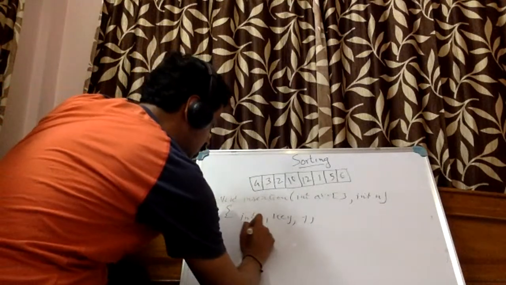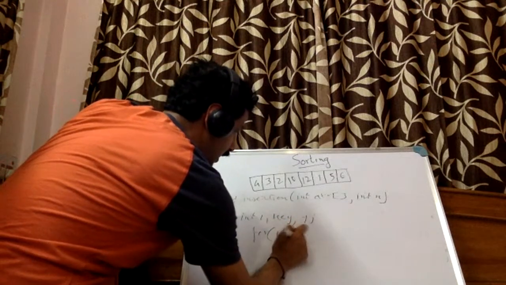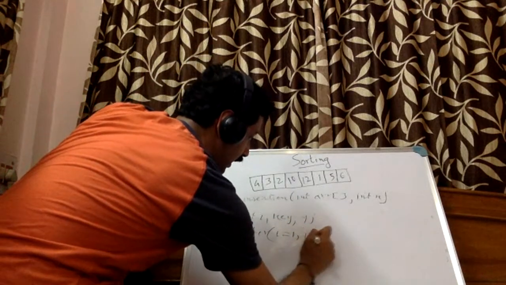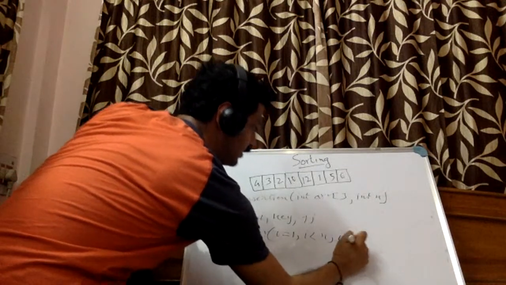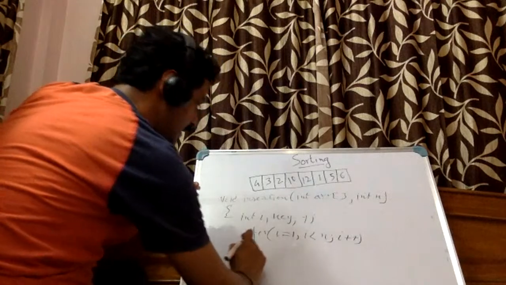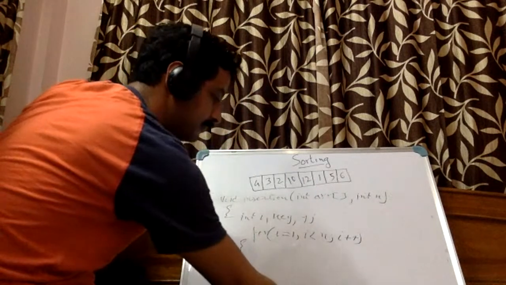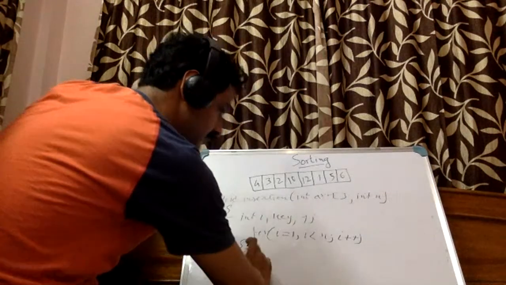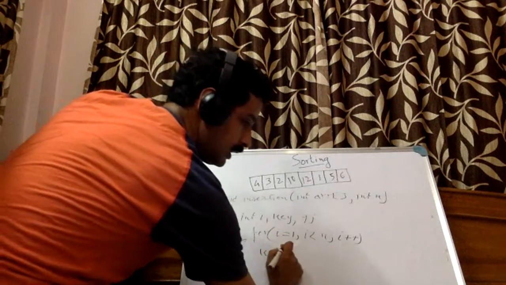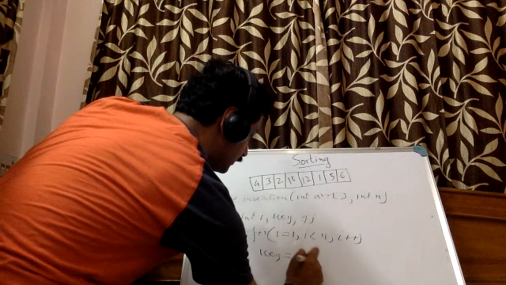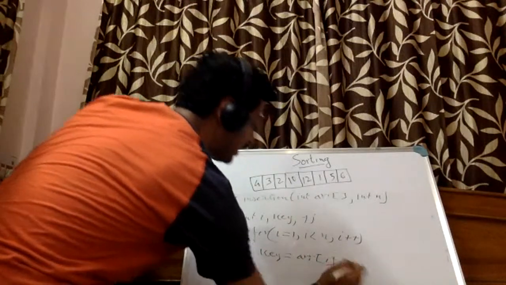So inside the for loop, I equals to 1, i less than n, i plus plus, and then inside this for loop, key equal to the first element.